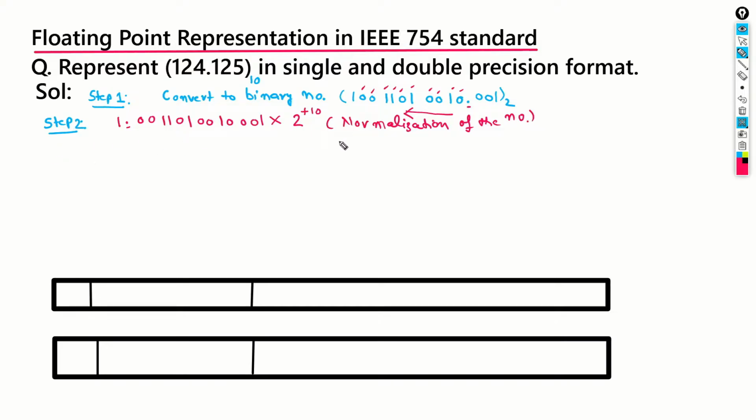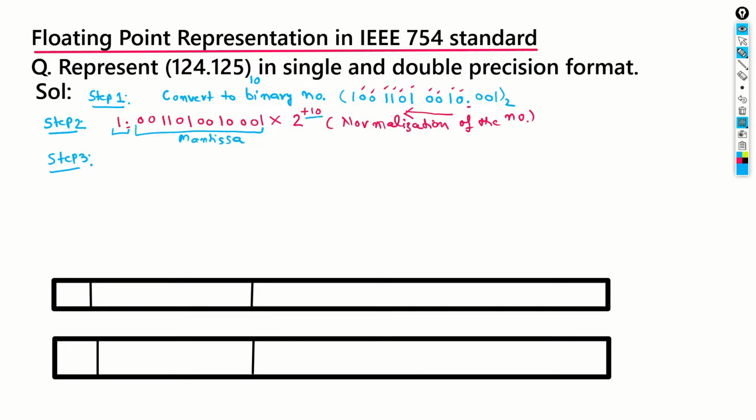So after this step, we will perform step 3, in which we will calculate the biased exponent value. So in case of the IEEE 754 standard, we know that the 1 point is not stored into the system. It is implicitly assumed, and after the decimal point, whatever I get is known as the mantissa.